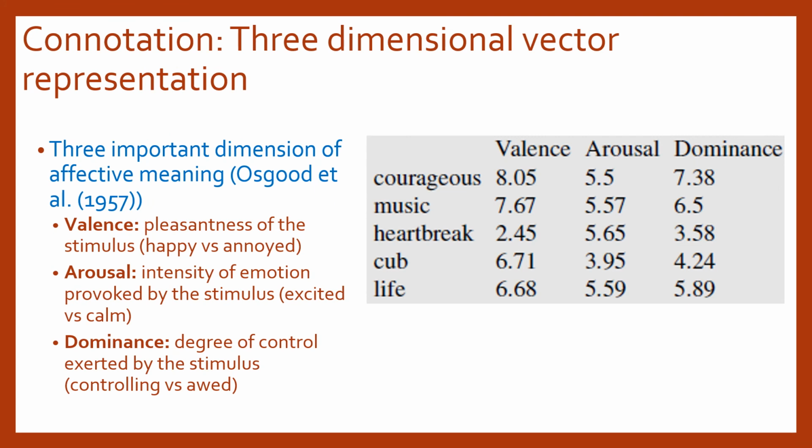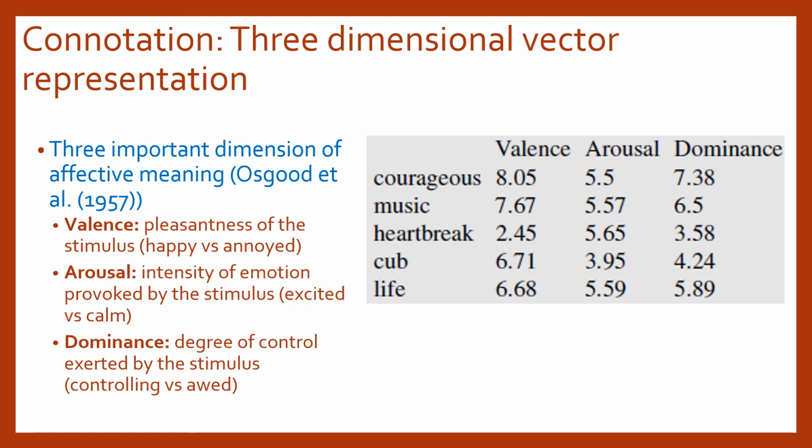Perhaps this is one of the first attempts to represent words in a real-valued dimensional vector space. Osgood, in 1957, tried to associate these connotations with every word in three dimensions.